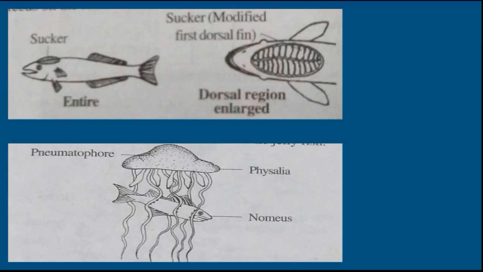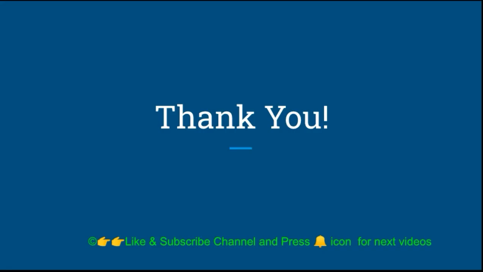Because the Nomeus fish is very small, it can easily live among the tentacles. So these are two examples of commensalism. Thank you very much.